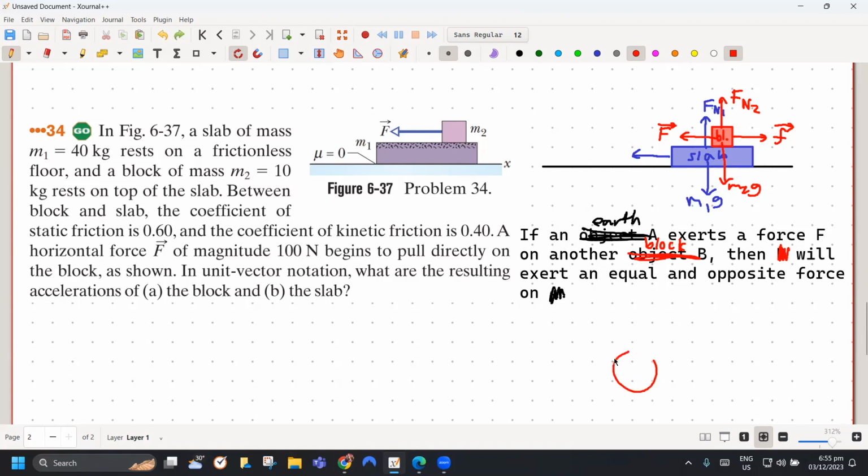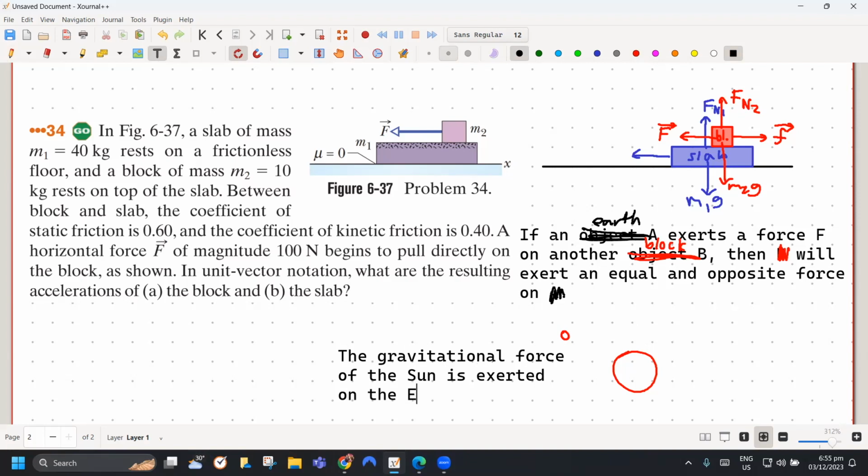The gravitational force from the sun is exerting a force on the earth.